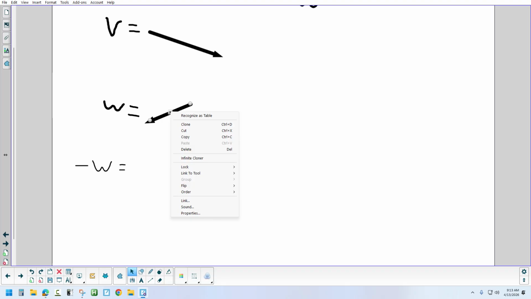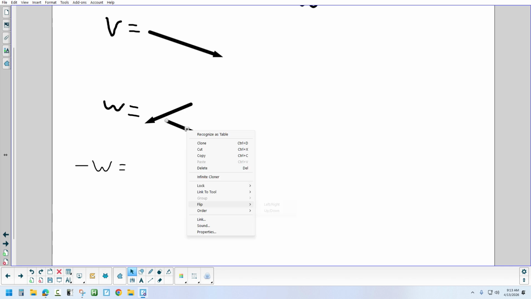If you were to flip, you should be able to mirror it. Which way? Left, right. Let me make a copy of it so we don't do the original. So flip it left, right. And then you'd also flip it up, down. If you do two reflections, a horizontal and a vertical, that's the same as rotating 180. Okay, so that is an exact copy of W pointing in the opposite direction.